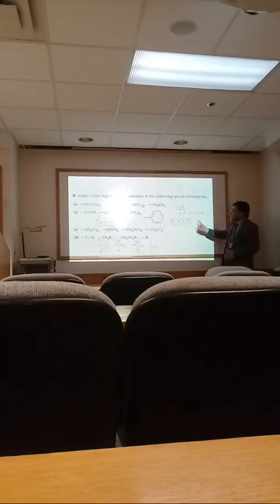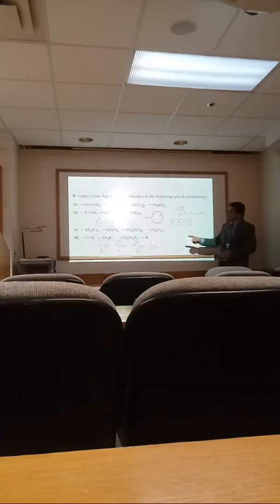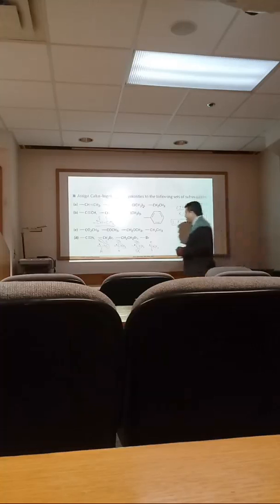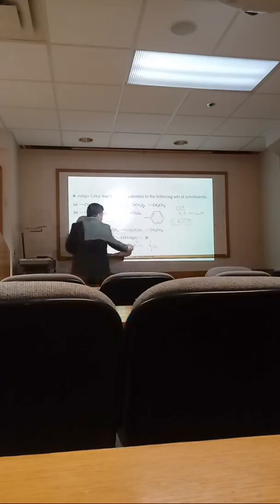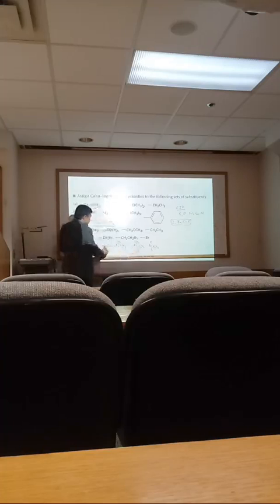Now the prioritized radical among the four is the carbon which is attached to the most number of carbons. So in this case, this would basically be the first, and then these two options are each connected to two carbons.